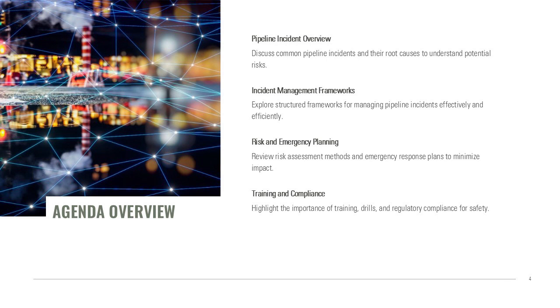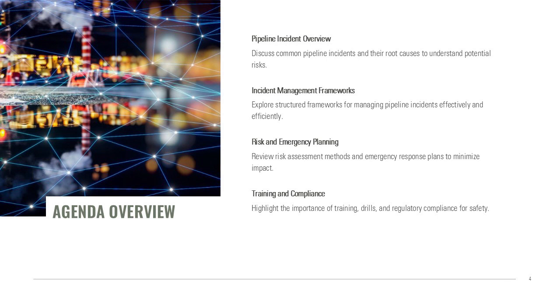We begin with an overview of common pipeline incidents and their causes, followed by a detailed look at incident management frameworks. Next, we will explore risk assessment methodologies, emergency response planning, and communication protocols. The session will also highlight the Incident Command System or ICS, technology tools for monitoring, and the importance of training and drills.